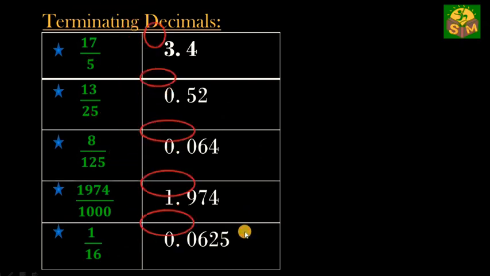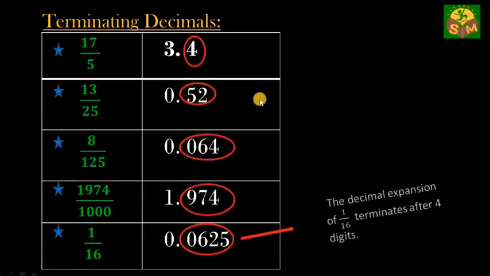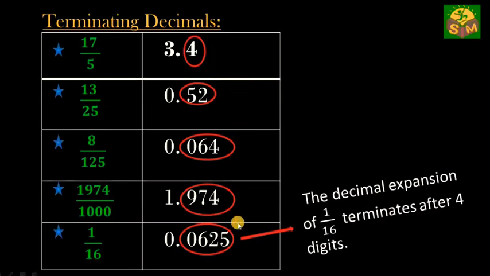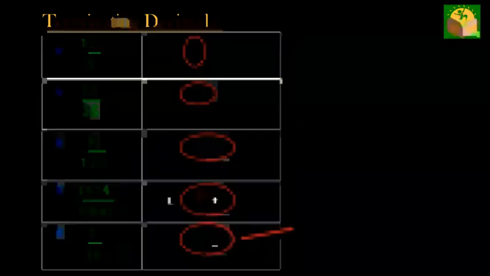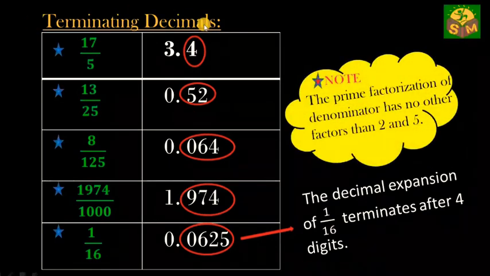The decimal expansion of 1 over 16 terminates after 4 digits. We observe that there are only a finite number of digits in the decimal part. These decimals are known as terminating decimals.